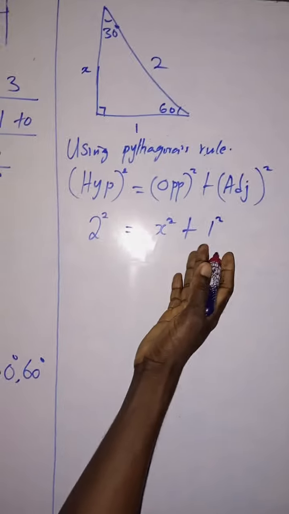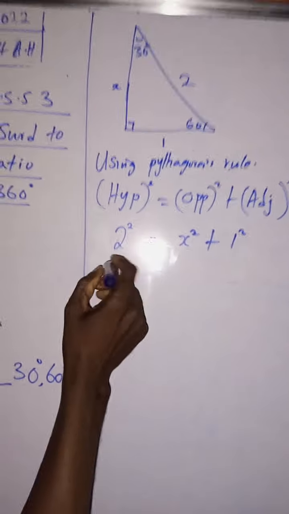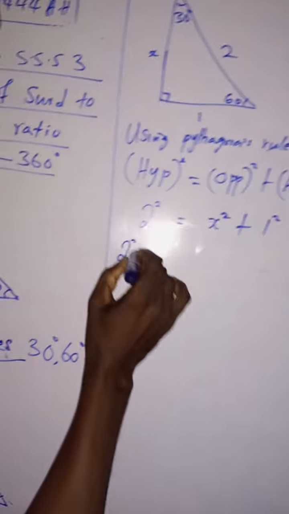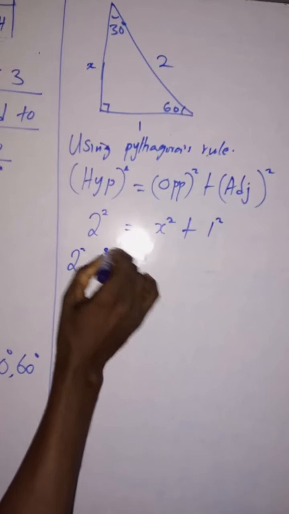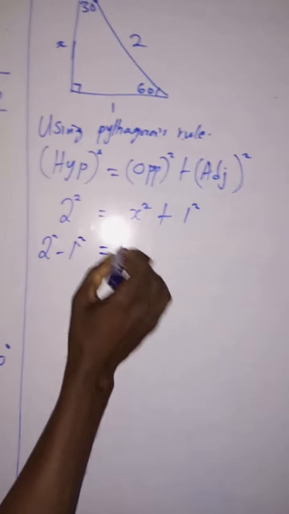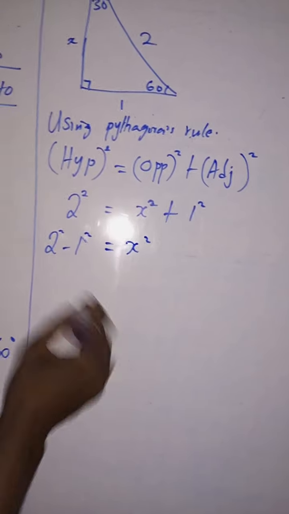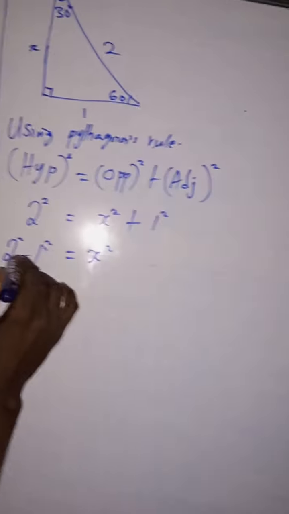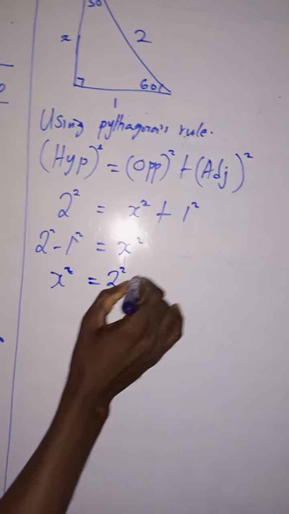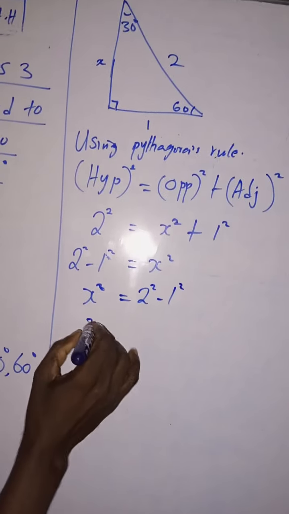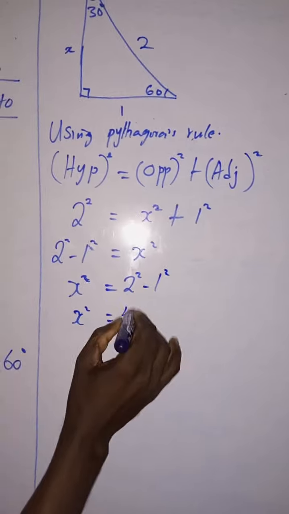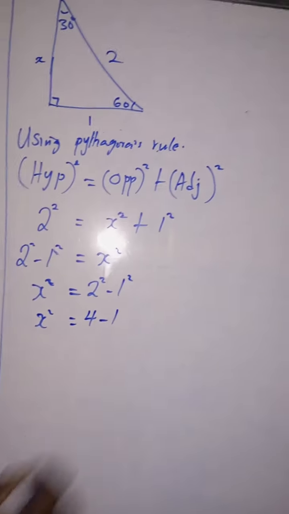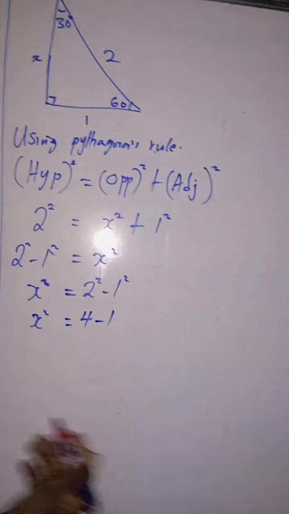So let's move on. We collect the like terms. It will be 2 squared minus 1 squared equals x squared. Therefore x squared is equal to 2 squared minus 1 squared. x squared is equal to 4 minus 1, since the square of 2 is 4.